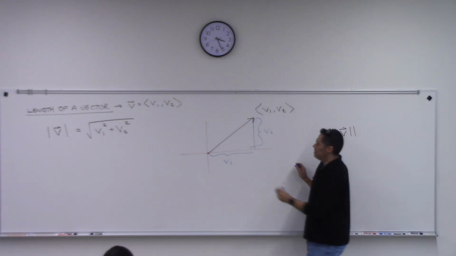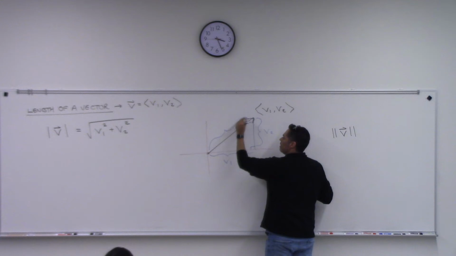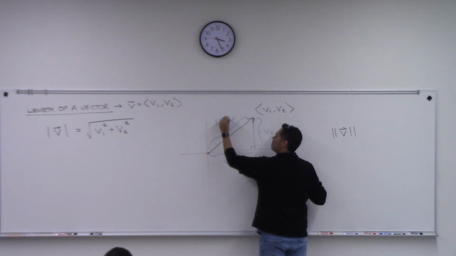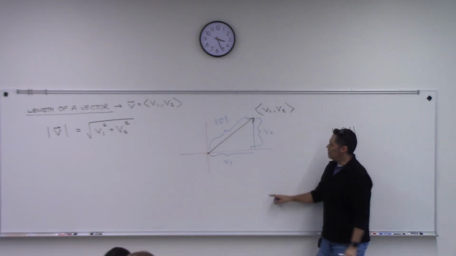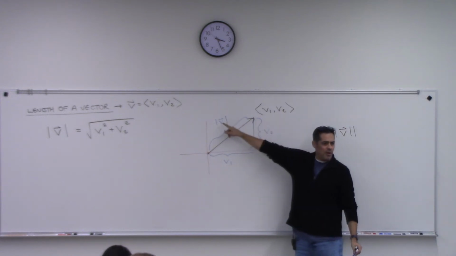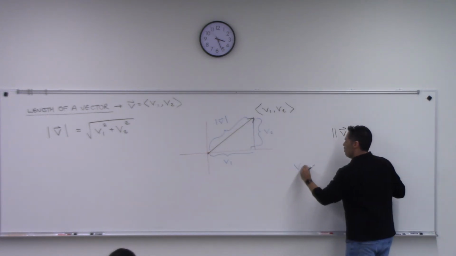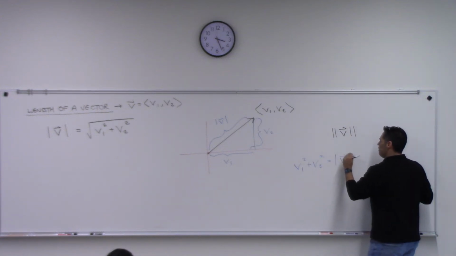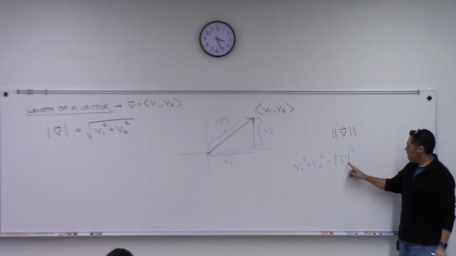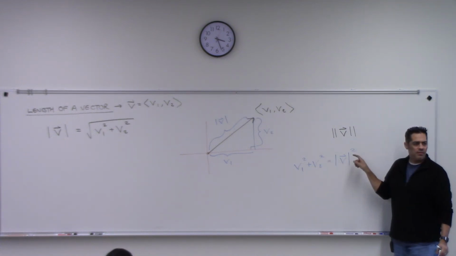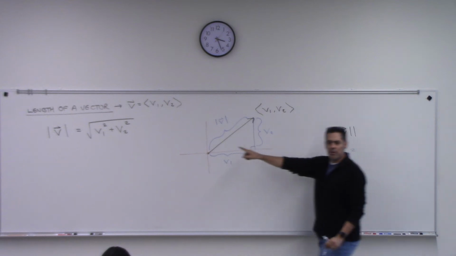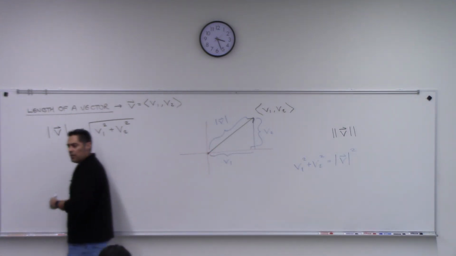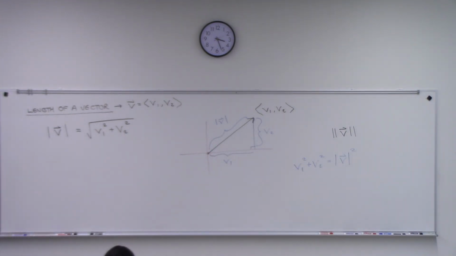And then the distance we want right here, that's the magnitude of the vector. That's how long it is. We could say this squared plus this squared is that squared, right? So you could say v1 squared plus v2 squared equals the magnitude of the vector squared. And then to find this, you take the square root on both sides. Does it make sense where that formula would come from then? It's just Pythagorean. All right, so let's do a quick example of this.